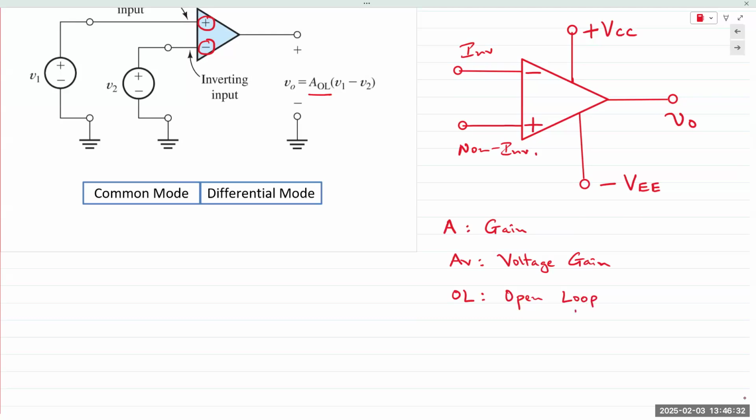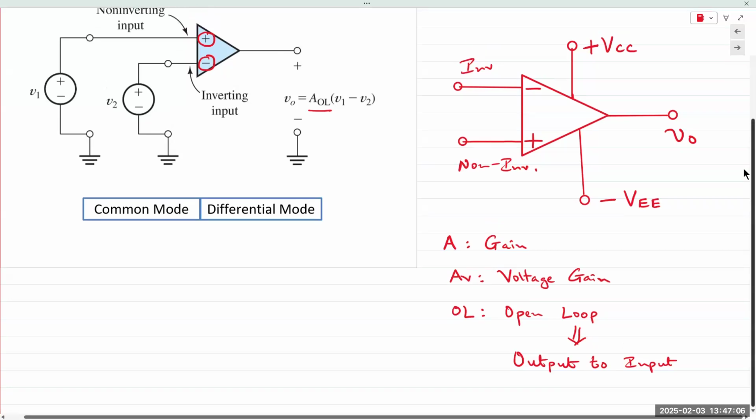And the loop refers to any sort of feedback path that connects the output back to the input. If there is no path from the output to the input, it's said to be open loop.